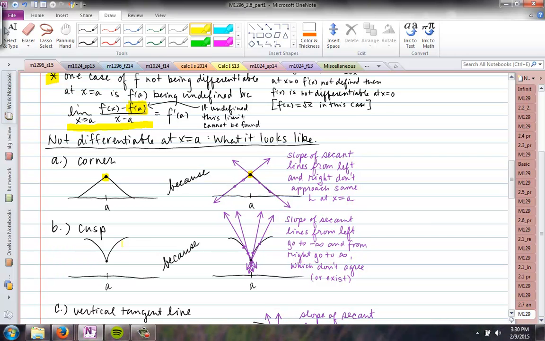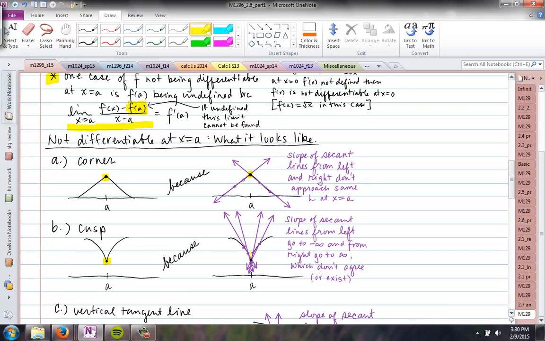Next scenario is a cusp. A cusp is where you have kind of this pointy thing going on and not just a corner. So for this particular example I showed of a cusp, again, we have to use f of a as part of our secant lines that are approaching the slope of the tangent line at x equals a. We have to do it that way by the definition of a derivative.